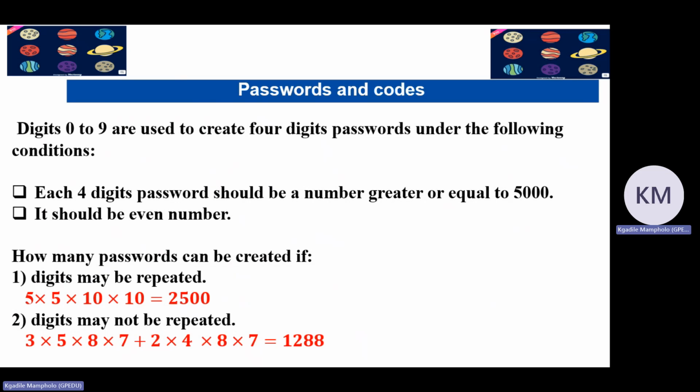But if the first number is 6, then 6 cannot be at the end. We can have 0, 2, 4, and 8. That is why, if the first number is one of the two even numbers, then at the end we can only have one of the 4 even numbers.